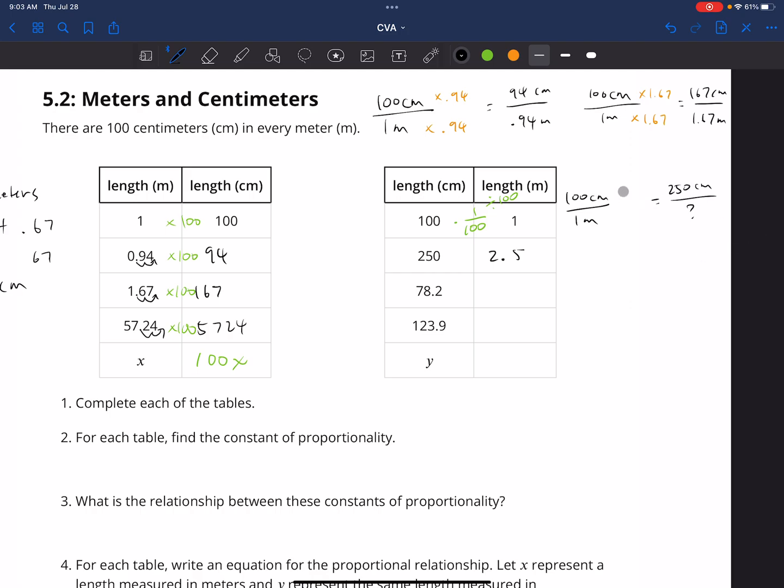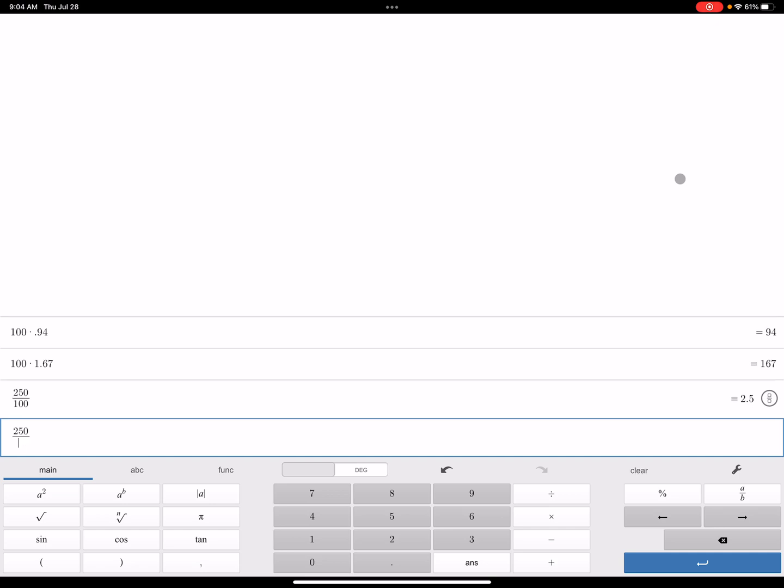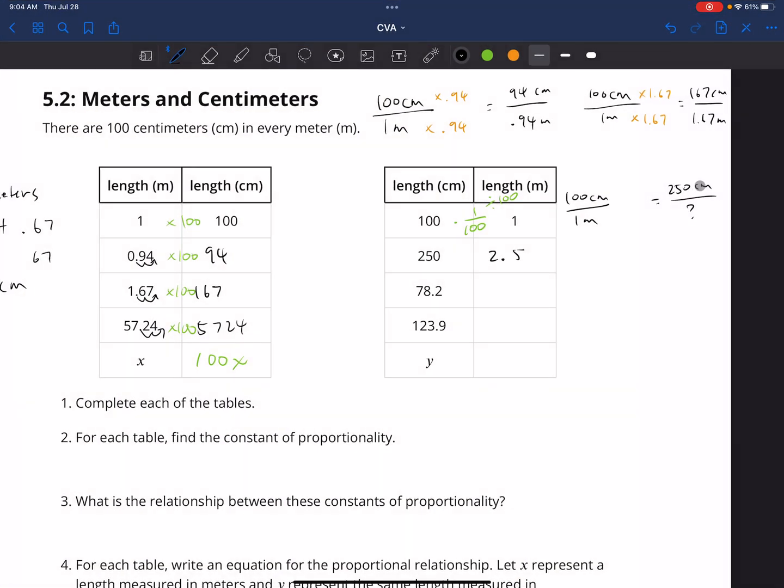If you don't know which number to put here because it's not clean, you just do 250 divided by 100, and you get 0.25 times 2.5. And then what do you get? 1 times 2.5 is 2.5, as we got right here. So basically, we're moving the decimal point twice.